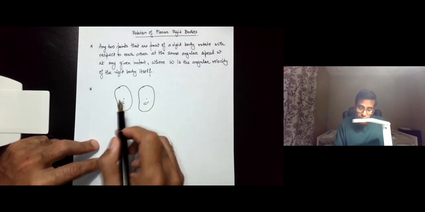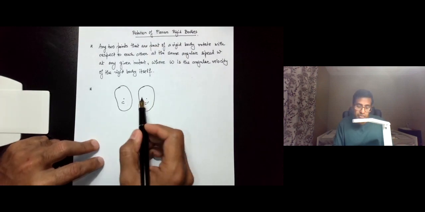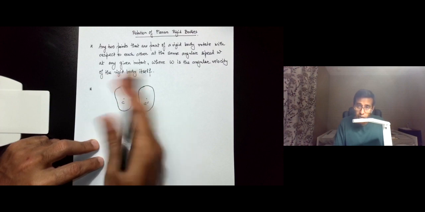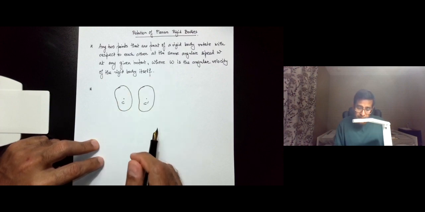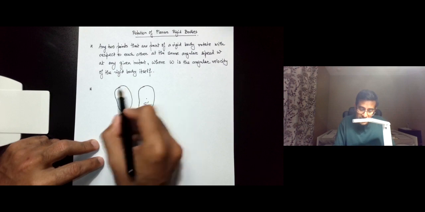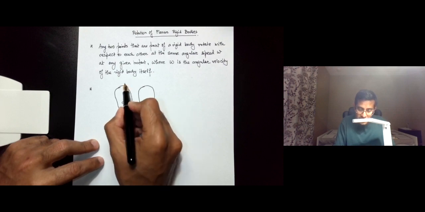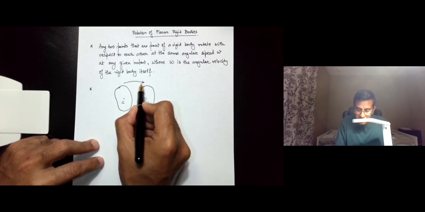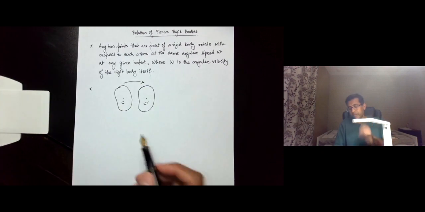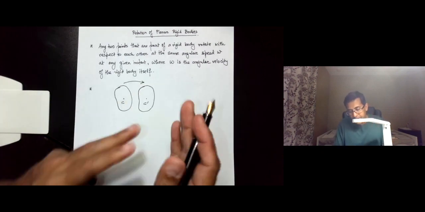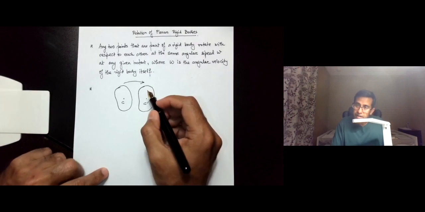You can see from the orientations that I have drawn that there is a small change in the orientation of the rigid body. So essentially, the center moved and then the orientation also changed.